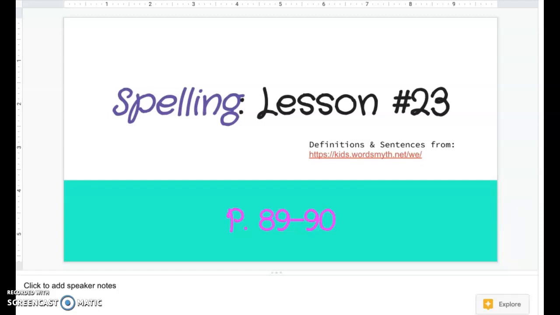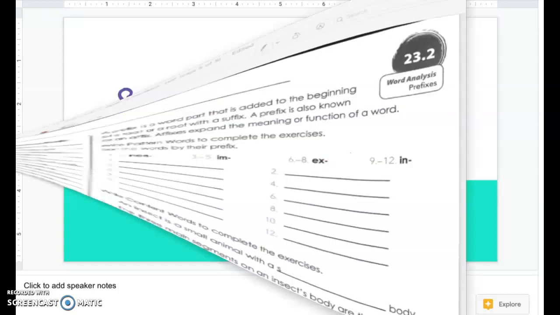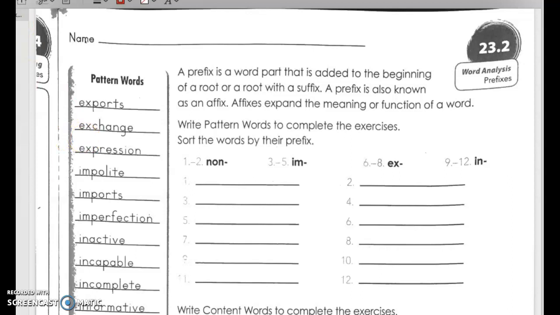This week we're going to be going over lesson number 23, and this lesson also involves prefixes. Let's go ahead and read the words out first. I got all the definitions and sentences from the children's dictionary that we use. Today we're going to be completing workbook pages 89 and 90, so make sure that you have that open as well.